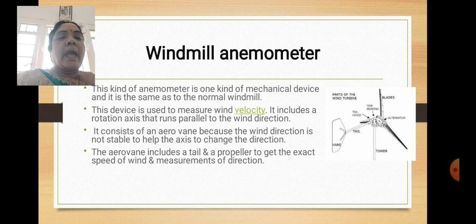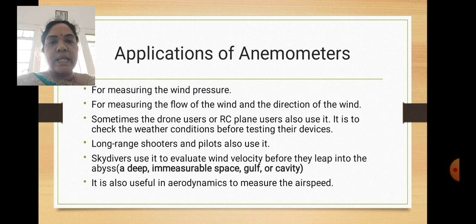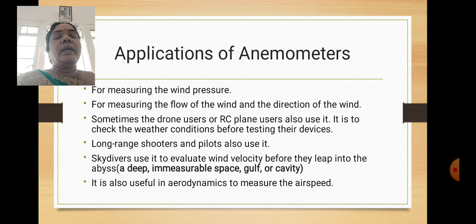It consists of an arrow vane because the wind direction is not stable, to help the axis change direction. The arrow vane includes a tail and a propeller to get the exact speed of wind and measurements of direction. Next, let's see the applications of anemometers.